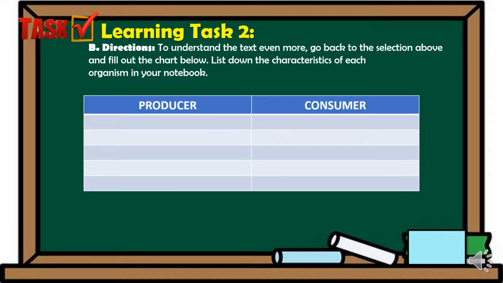We have the producer and the consumer. Okay, so let us answer learning task 2, letter B. So for the producers, we have the green plants, the algae, and the microorganisms.